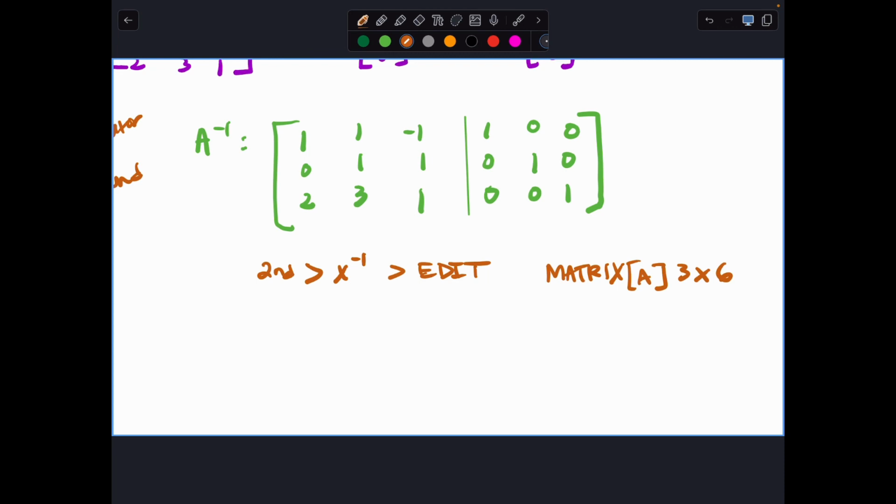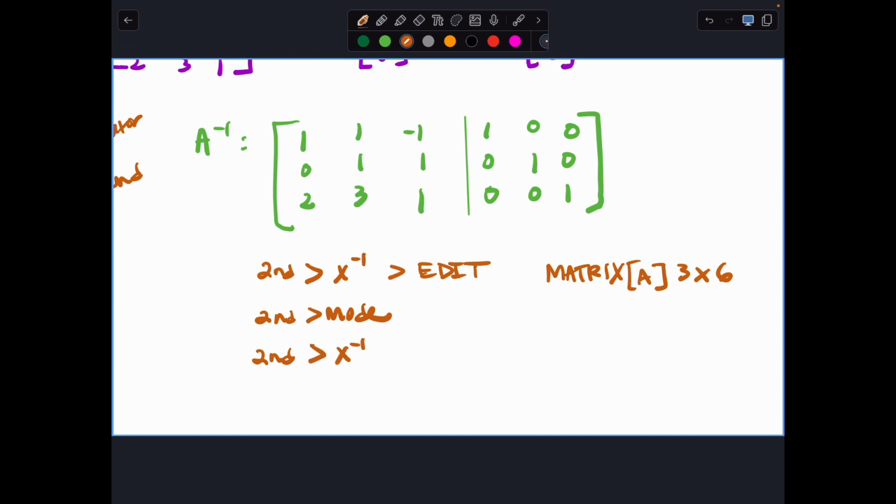Why did that not save? 0, 1, 0, 2, 3, 1, 0, 0. My keys are sticky. Okay, and then we're going to quit. So second mode. Dude, I think you might just have to stick with doing it.